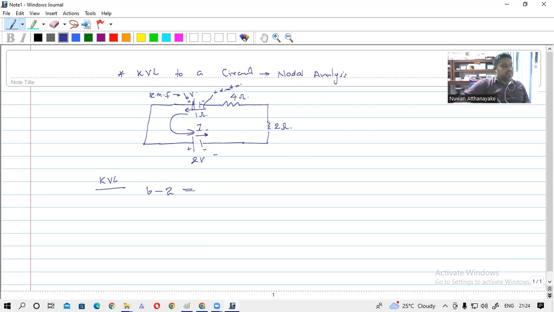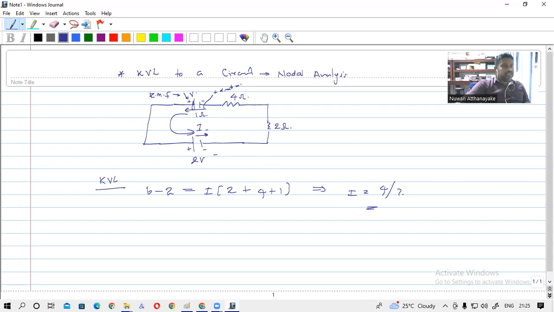And it is equal to the voltage drop across the resistances. So we have I times (2 plus 4 plus 1). So basically we can get I is equal to 4 by 7.